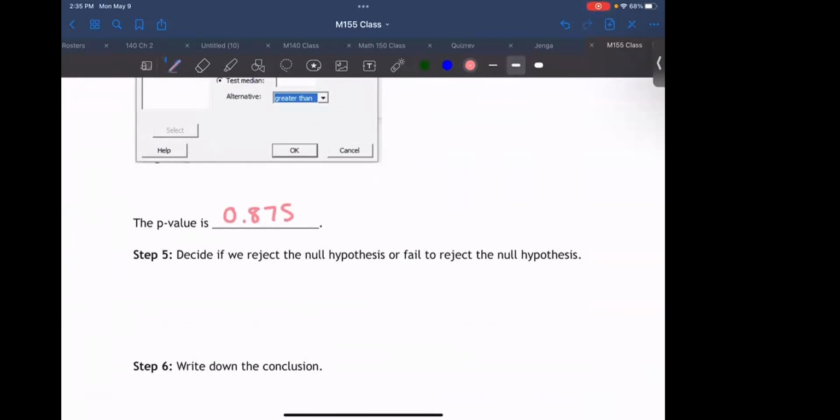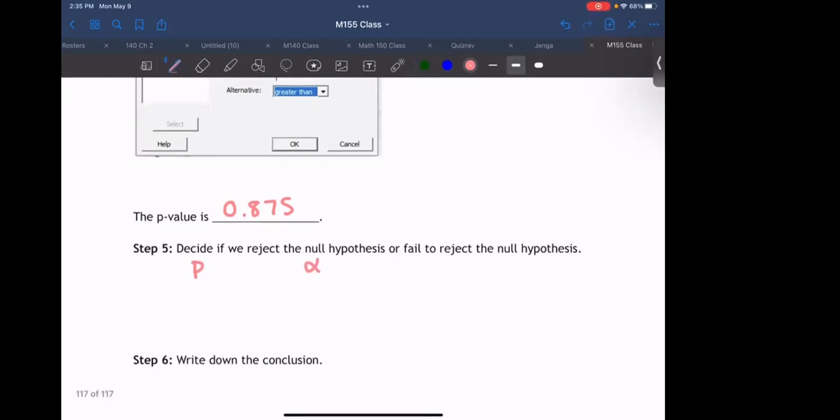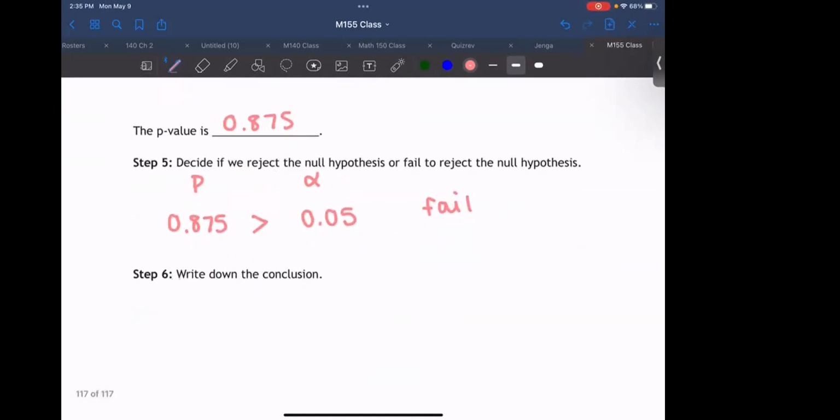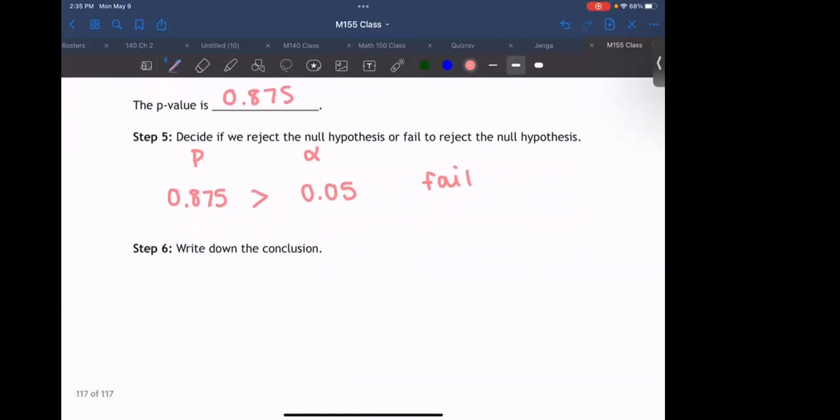Okay, same thing for steps 5 and 6. First, we need to decide if we reject or fail to reject. And we do this by comparing p to which value? Alpha, perfect. P is 0.875 and alpha was 0.05. Which one was bigger, P or alpha? P, good. So do we reject or fail to reject? Fail, perfect. Now remember, in step 6, our conclusion consists of 2 parts of a sentence.